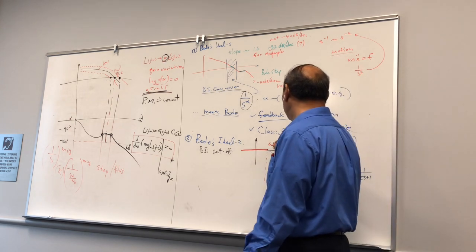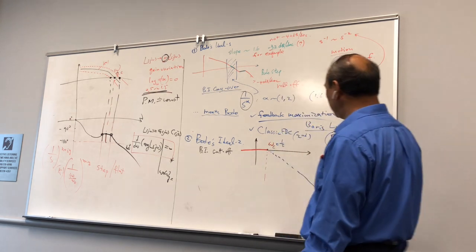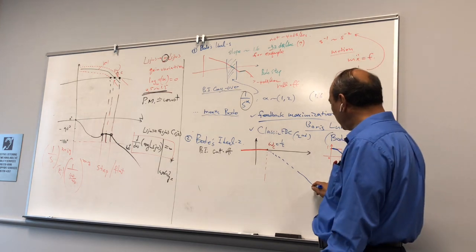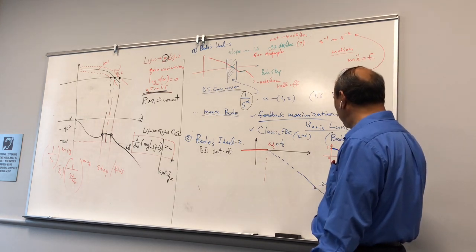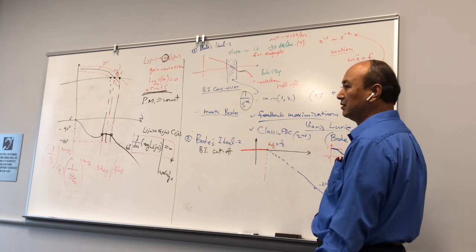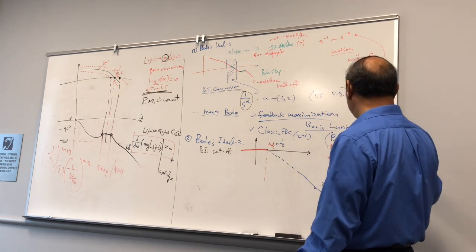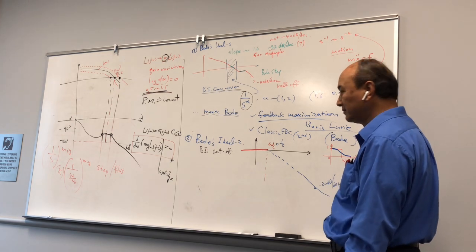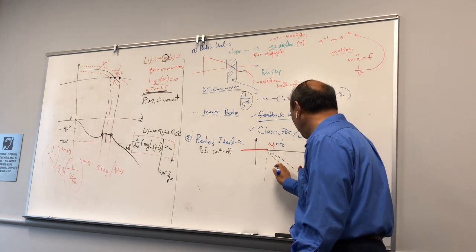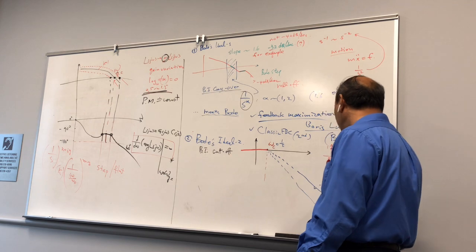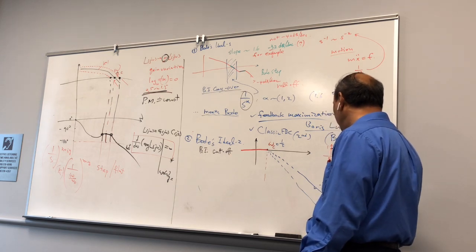And what is the slope in here? It's minus 20 dB per decade, right? But if you say, oh, I need more, don't worry, you can just have minus 40 dB per decade.